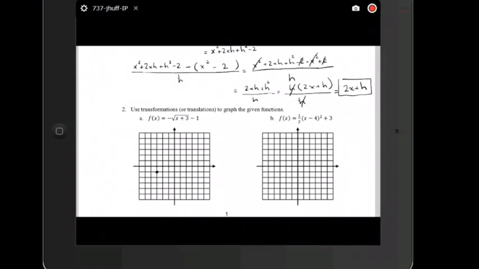But to give it a little bit more exact shape, I'm going to put the original point in there, and it's -3, comma -1.